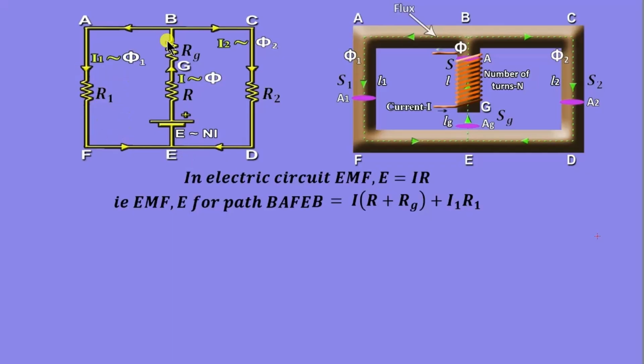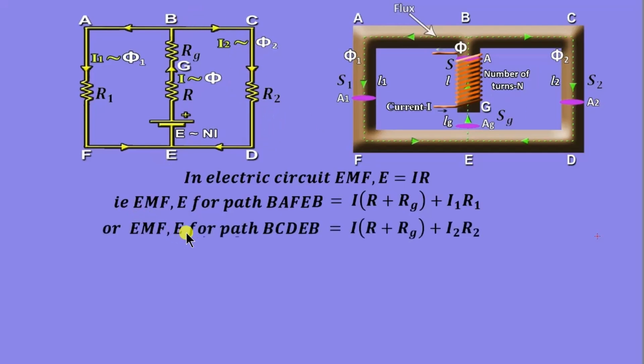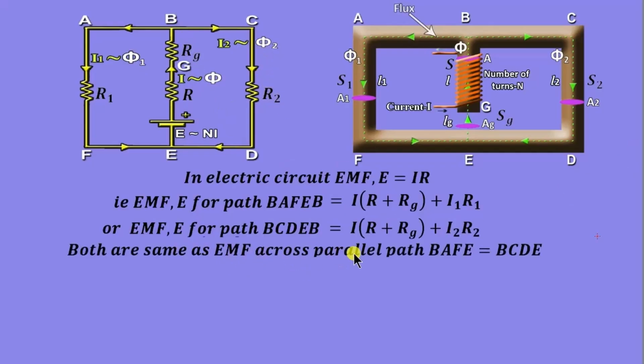As these two paths are parallel, the same EMF is there in this path also, or EMF E for path BCDEB is, I is the same for these two resistances, so I into R plus RG plus I2 into R2. Both are same as EMF across the parallel path BAFE is equal to BCDE.